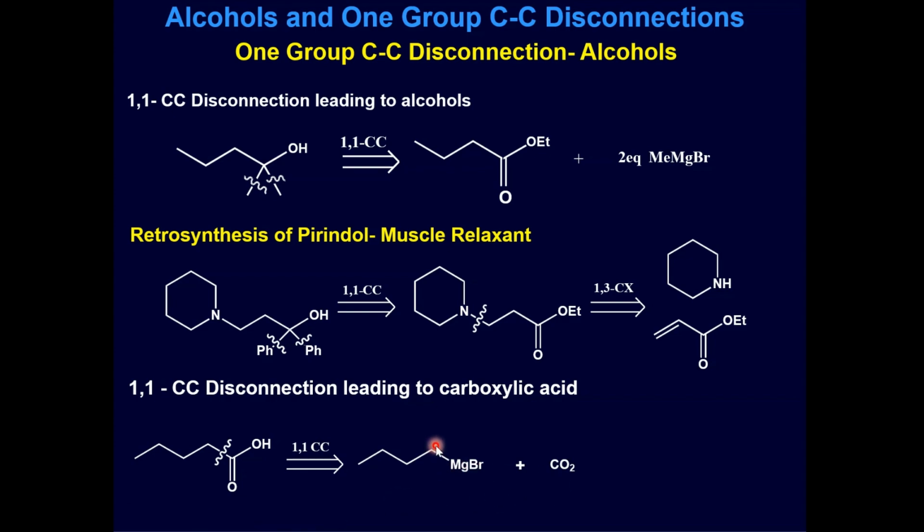This is butyl anion, to be specific, which attacks on the carbonyl carbon of the carbon dioxide and gets carboxylic acid. Or instead of butyl magnesium bromide, I can take the corresponding butyl cyanide. If I hydrolyze this cyanide group, the CN group gets hydrolyzed in the presence of concentrated sulfuric acid.